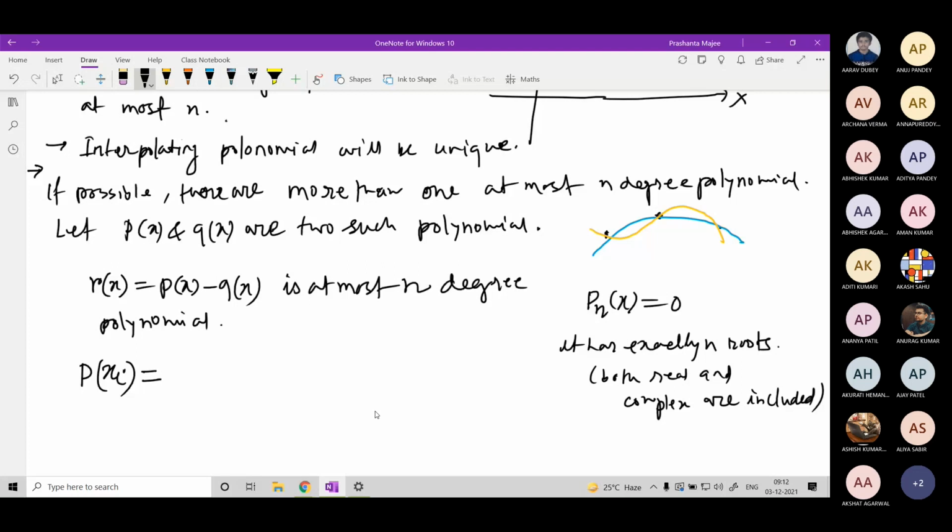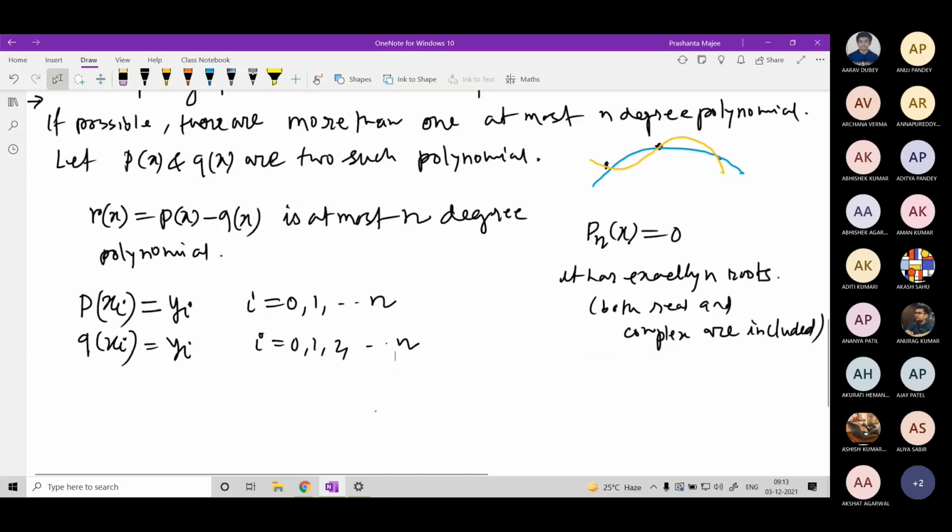So P of xi is yi, for all i starting from 0, 1 up to n. What is Q of xi? Q of xi is another interpolating polynomial. So what is Q of xi? Yi, starting from i equals 0, 1, 2 up to n. So what is R of xi then?